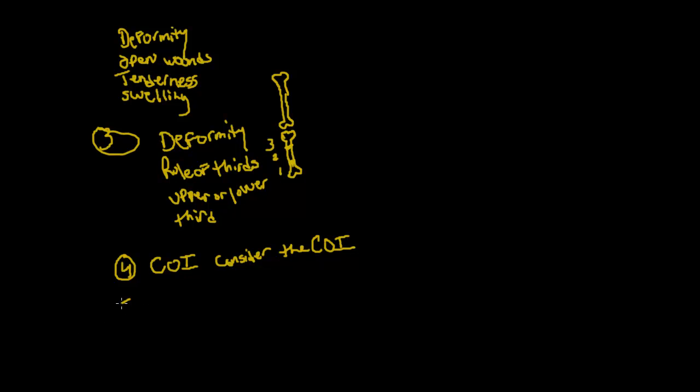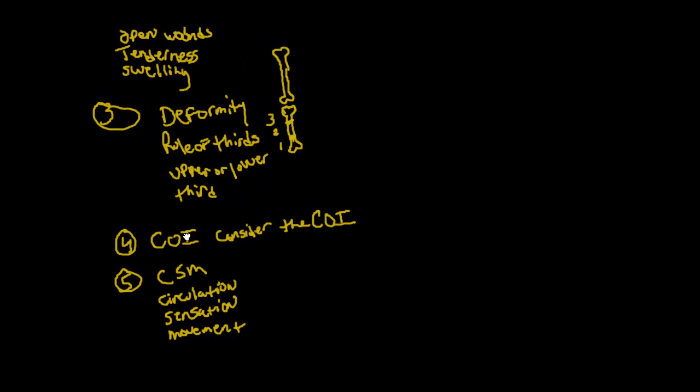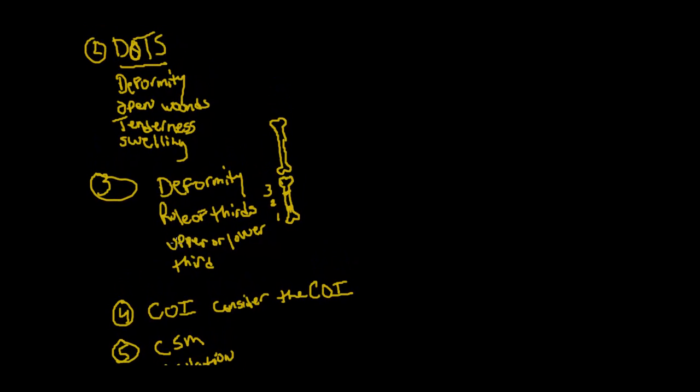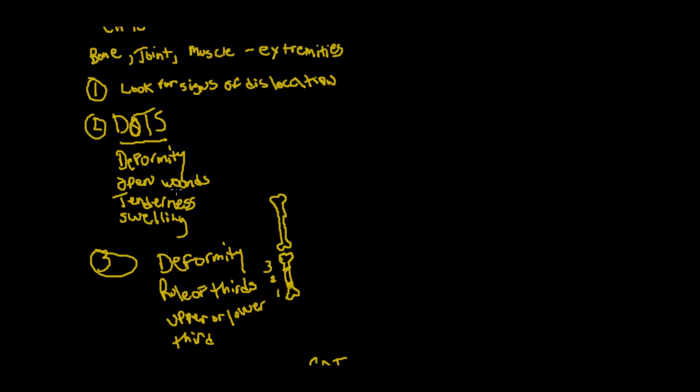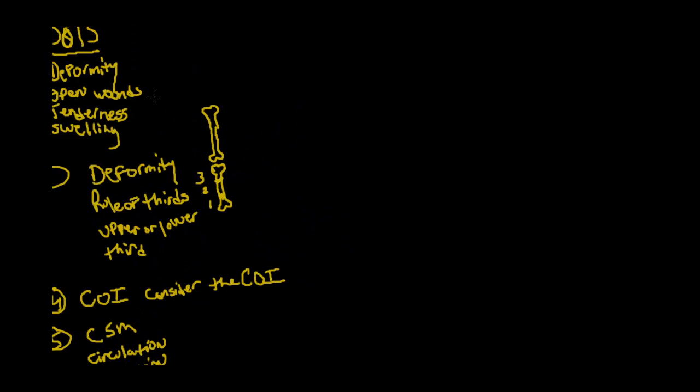So you also want to check, how many acronyms is this, 2, this makes 3, CSM: circulation, sensation, and movement. We talked about this, I'm pretty sure, in the last one. And that's always important when you're dealing with extremity injuries, dealing with bone, muscle, and joint injuries. So let's scroll over here so I have a little bit more room.